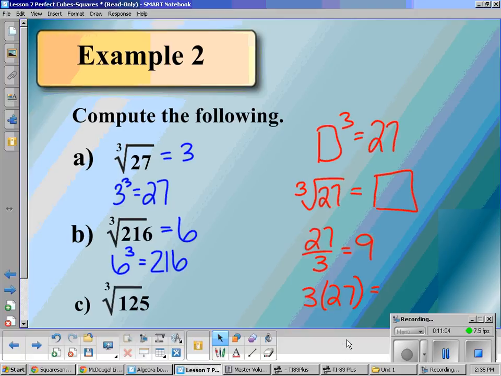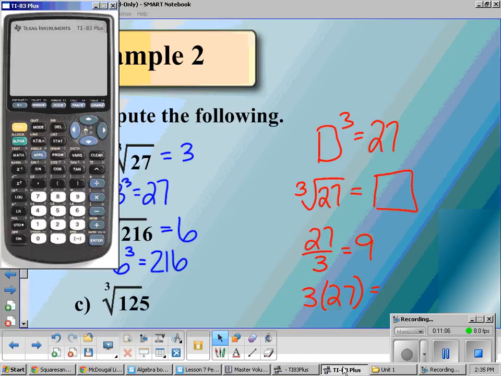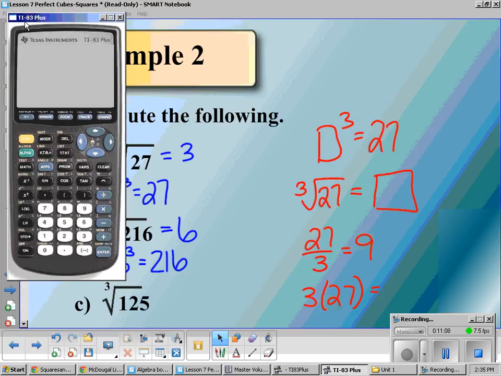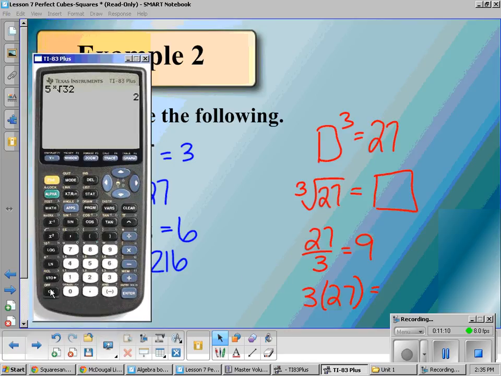One way that's really easy to do it is to do it on your calculator. Now we all should know where the square root button is on your calculator. On your calculator, the square root button is underneath the square. So if I want 6 squared, I press 6, and I press the x2 button, that gives me 6 squared. What's 6 squared? 36.